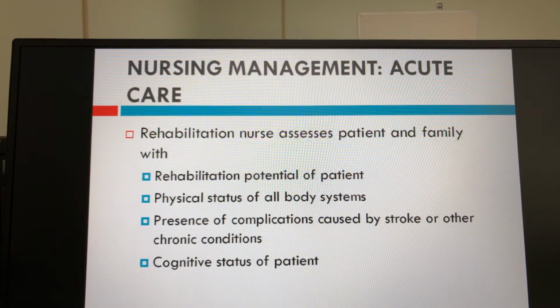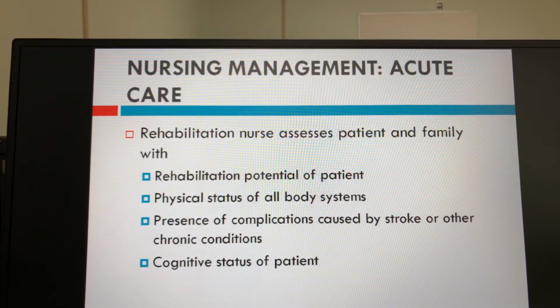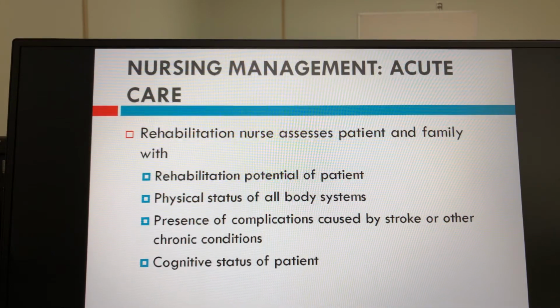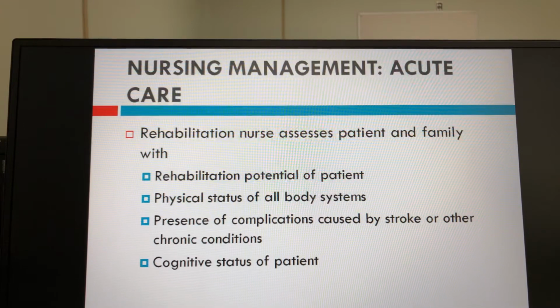Some of the interventions are independent nursing actions, whereas others involve the entire team. So again, we are looking at the patient's rehabilitation potential, the physical status of the body systems, the presence of any complications caused by stroke or other chronic conditions, and the cognitive status of the patient.